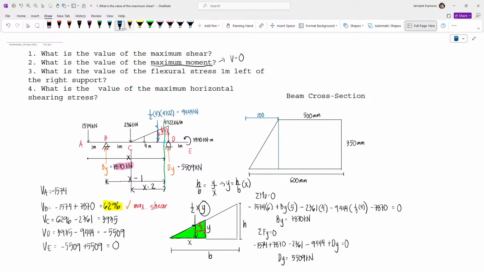So 100 mm. You can start with that and then divide the shapes. Chat here in this stream.